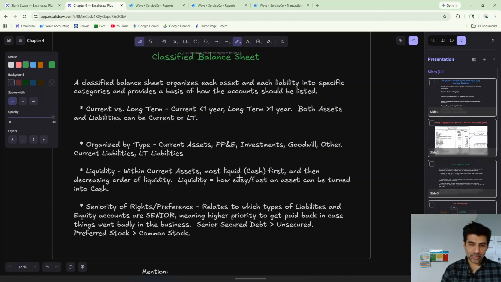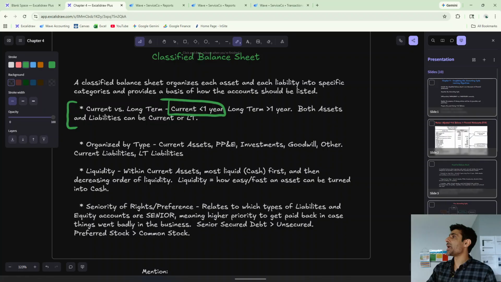Okay, so the first distinction or way of organizing is current versus long term. The cutoff point is 1 year. So any asset that you're going to benefit from in the next year or sooner is going to be a current asset. Any liability that you're paying off within a year is also a current liability.